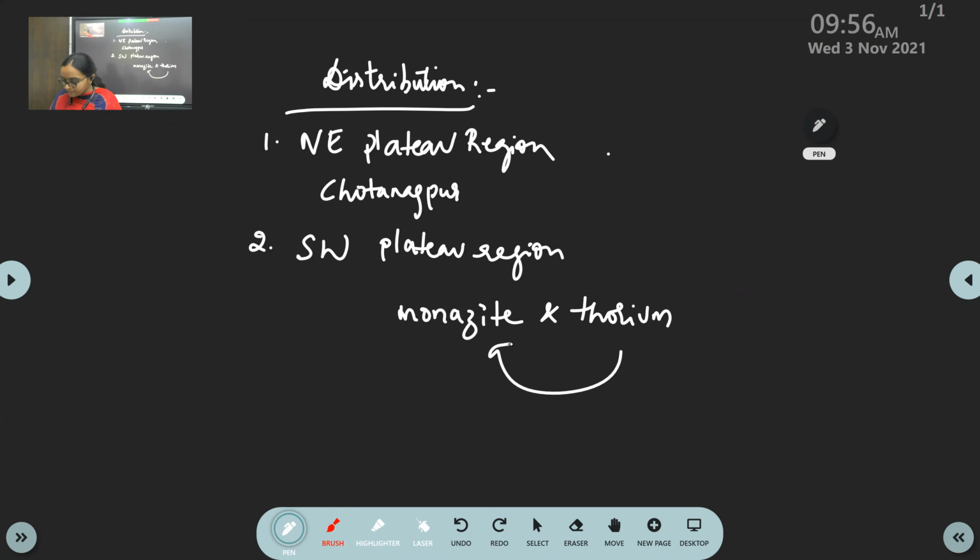Third one, northwestern region. This belt extends along Aravali in Rajasthan and part of Gujarat.